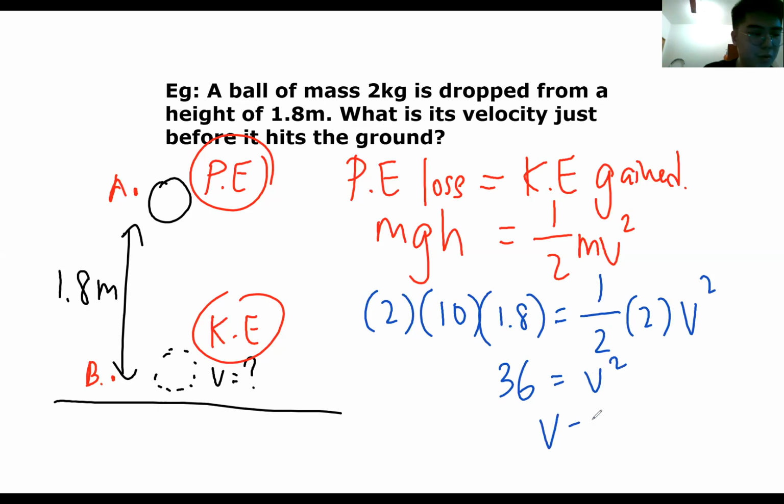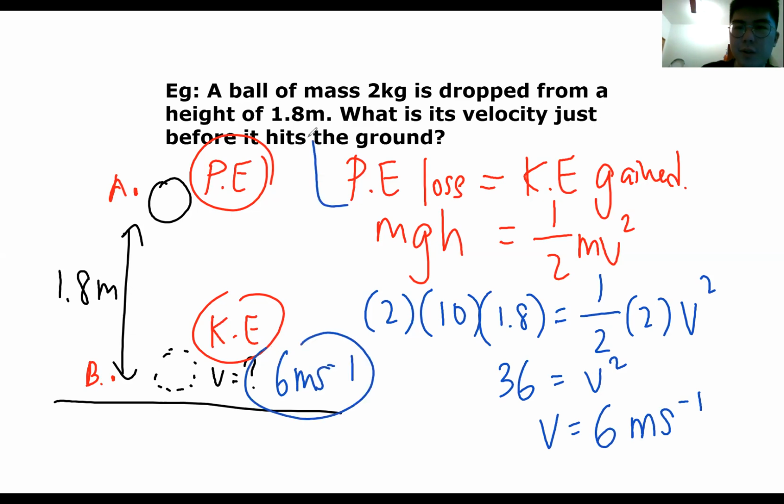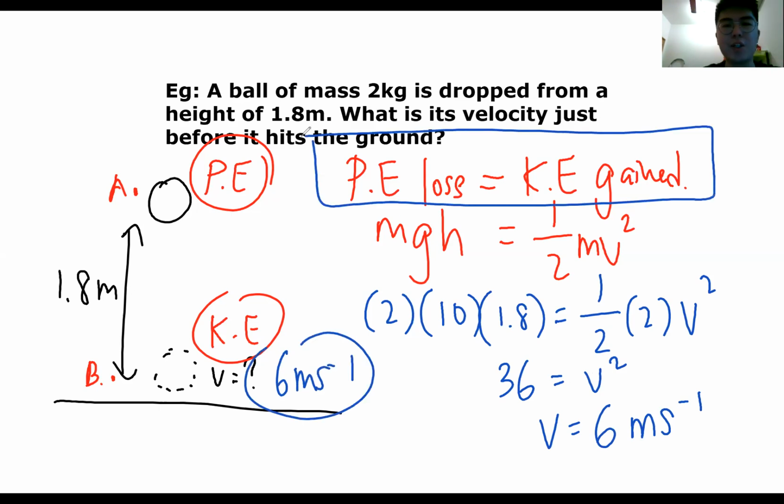So v equals the square root of 36, 6 meters per second. So the final velocity is 6 meters per second. Understand this one, right? Potential energy loss will equal the other form gained.